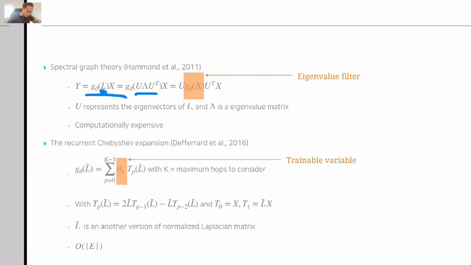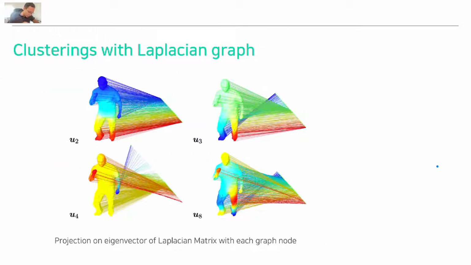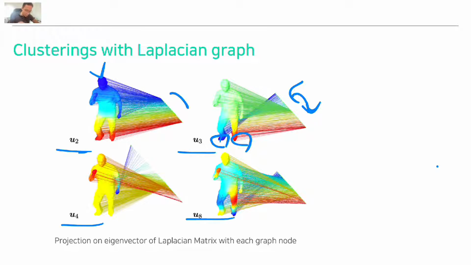Even though we are able to identify the meanings of these axes, sometimes you are more interested in detecting the head, and sometimes your class labels are more related to the left and right foot. So we have to determine which eigenvector is more important for your task.